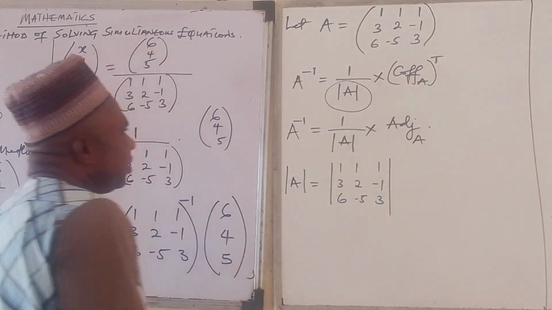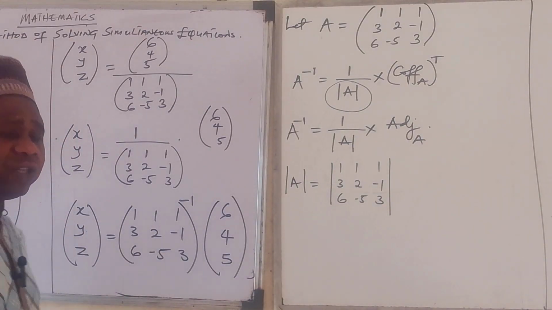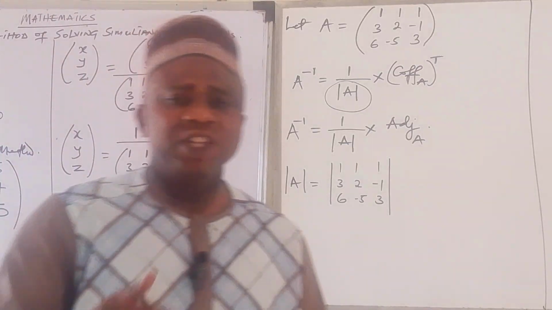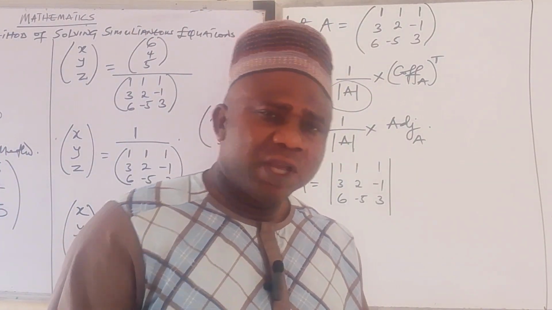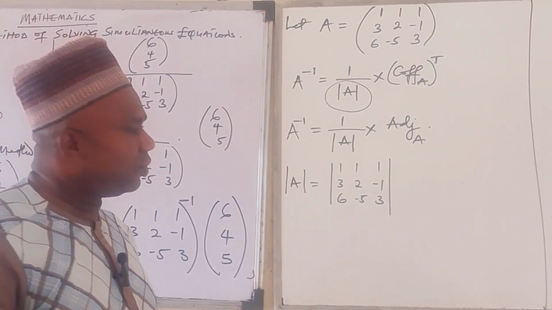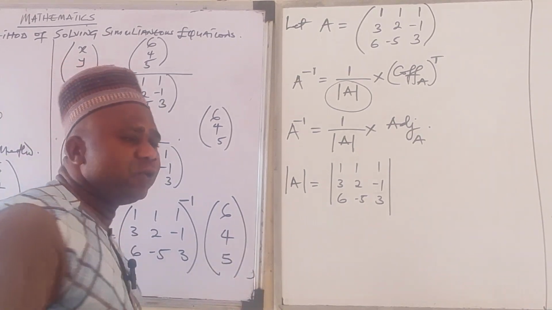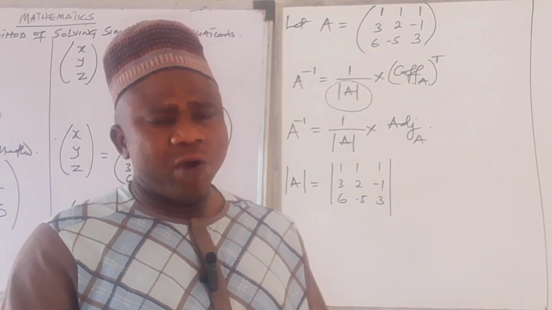Now, in our last section on matrices, we looked at how to calculate the determinant of a matrix using two methods, the cofactor method and the Sarrus method. Here we are going to use the cofactor method.